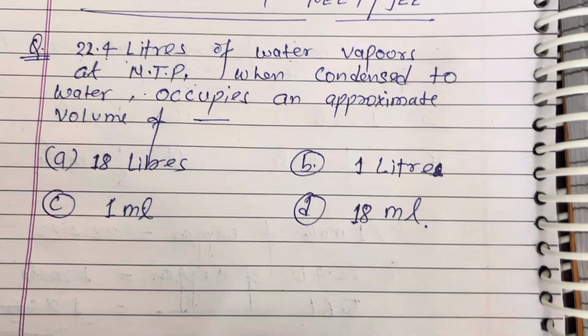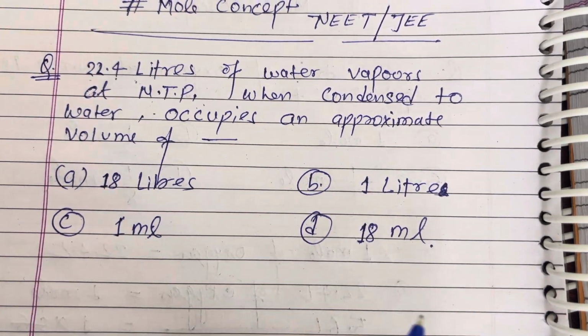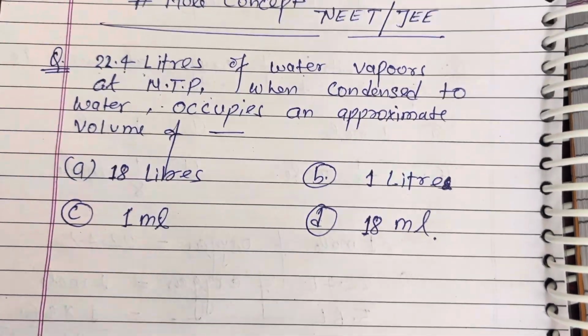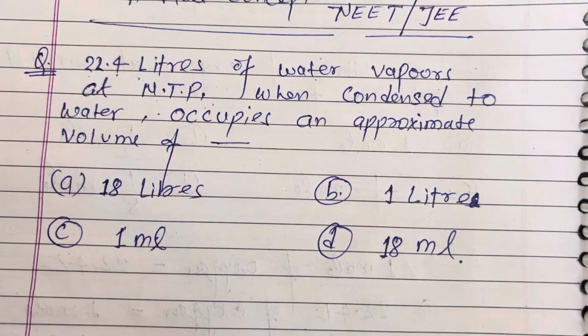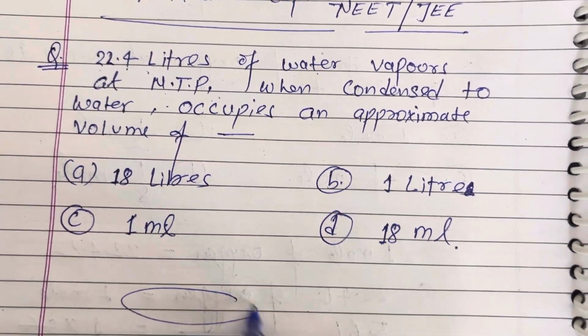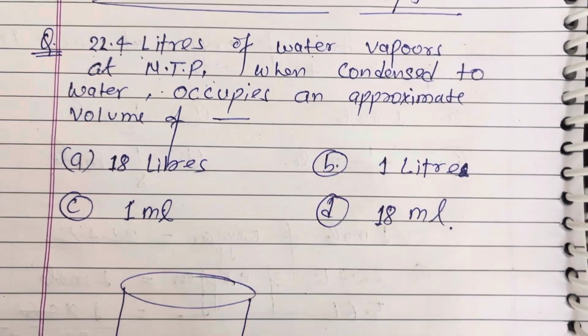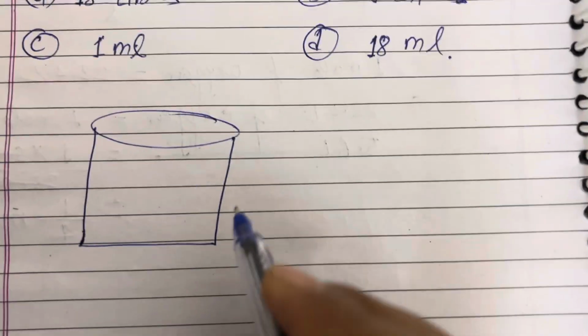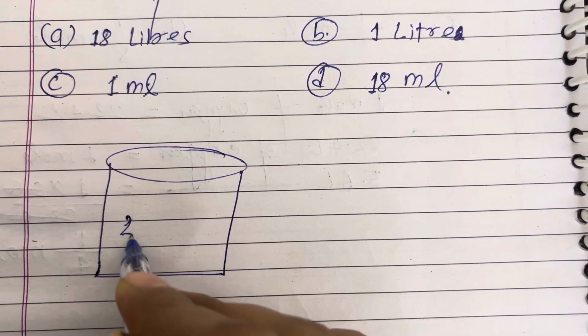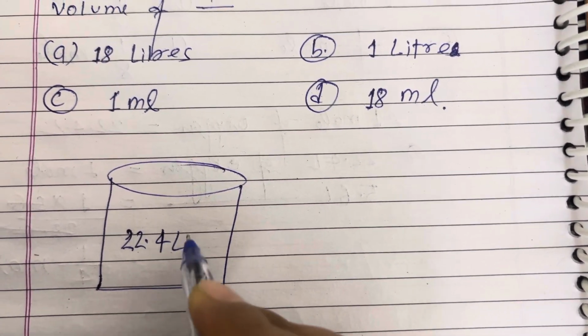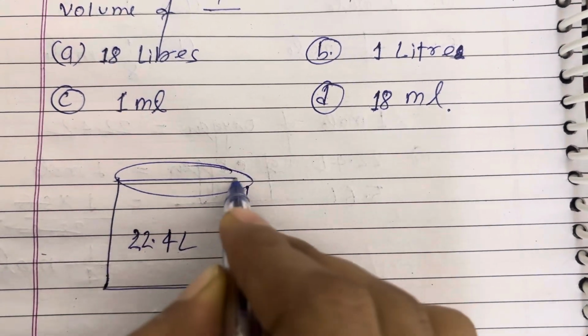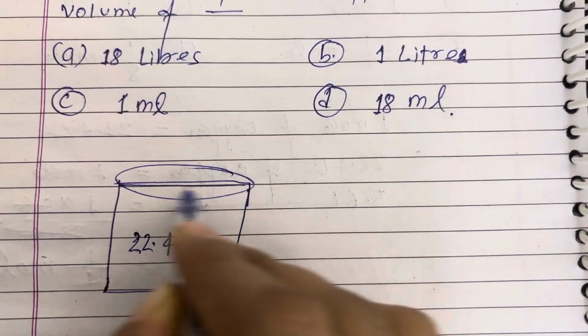So students, let's see what conditions are given in this question and what is being asked. Here, water vapors are given, 22.4 liter. This container is totally closed, not opened.